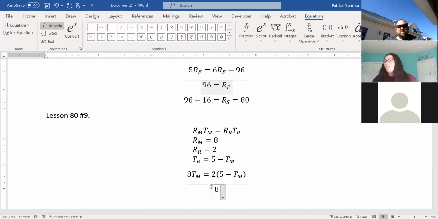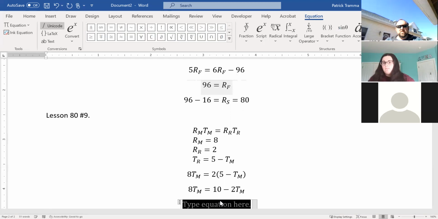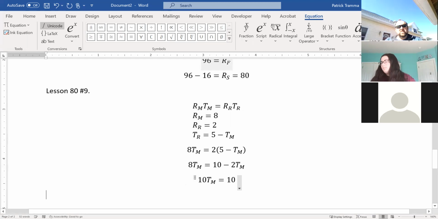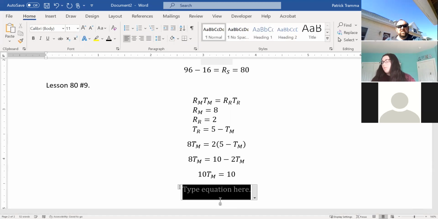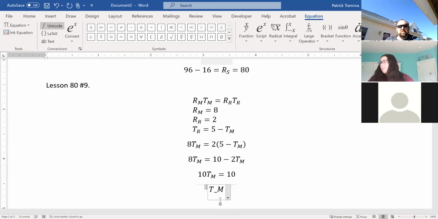So we have 8 T sub m equals 2 times 5 is 10 minus 2 T sub m, right? 2 times -1 is -2. So let's add the 2 T sub m to both sides. You get 10 T sub m equals 10. And so T sub m equals 1.